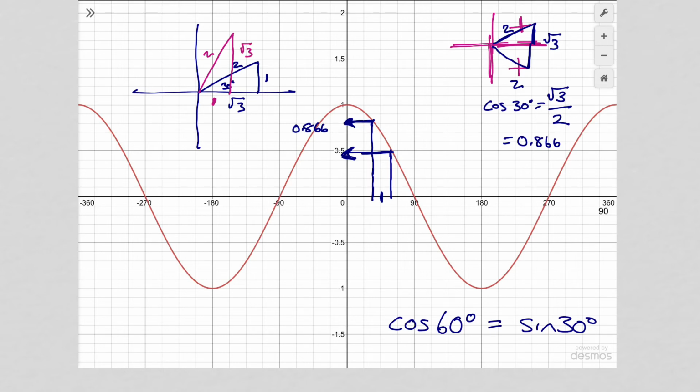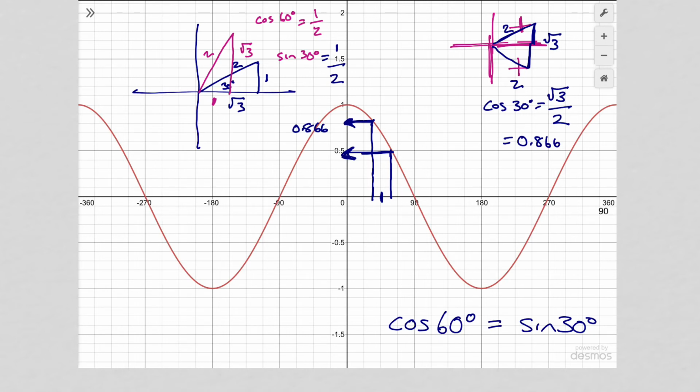Definitely, that's how you make a 60-degree angle. So if I'm saying cosine of 60 degrees, which is the pink one, then I'm saying the adjacent side, which is 1, over the hypotenuse, which is 2. If I say sine of 30 degrees, then I'm saying the opposite side, which is 1, over the hypotenuse, which is 2. So everything is making sense on every level, right?